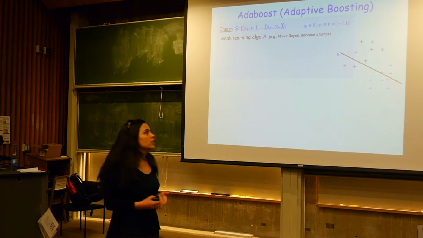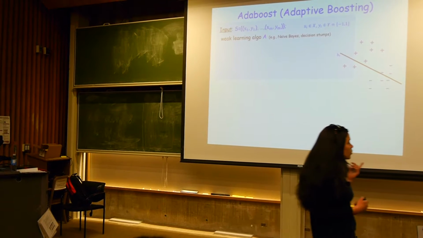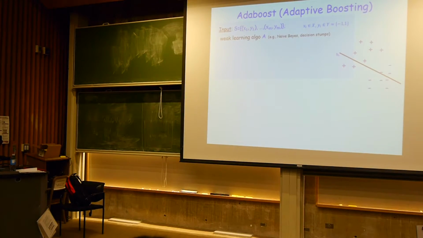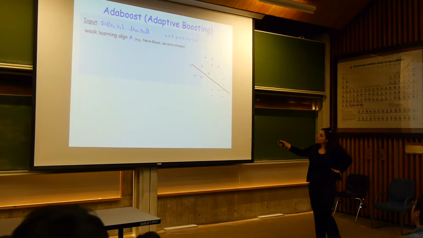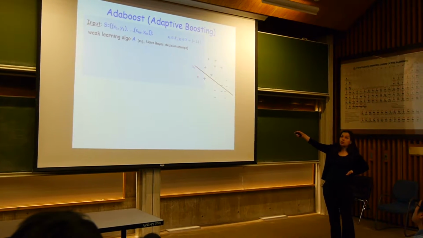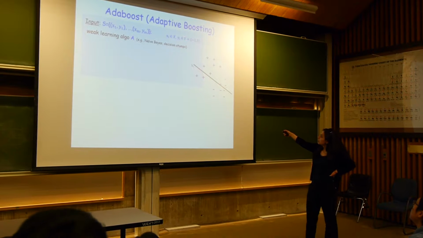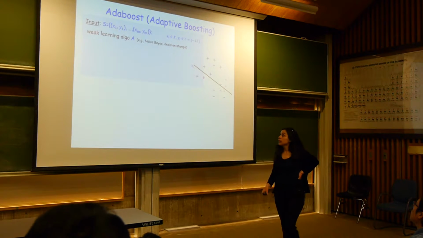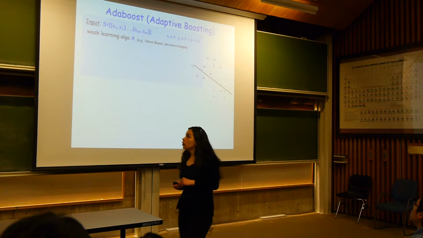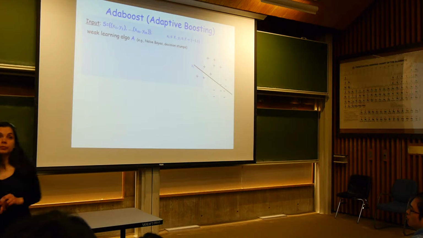Adaboost is a boosting procedure, and in particular, it takes as input a training set of examples, so this is a set of labeled examples, right? So this x_i here is the feature part of our examples, and y is the label part. So the input of the algorithm is a fixed set of training examples, and also a weak learning algorithm.